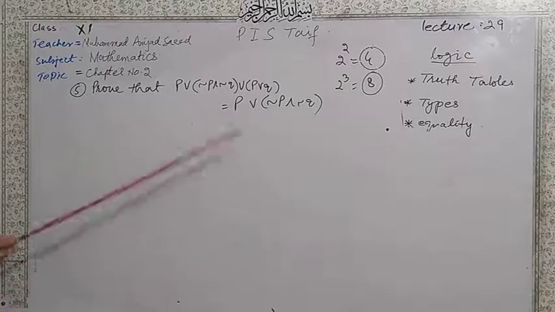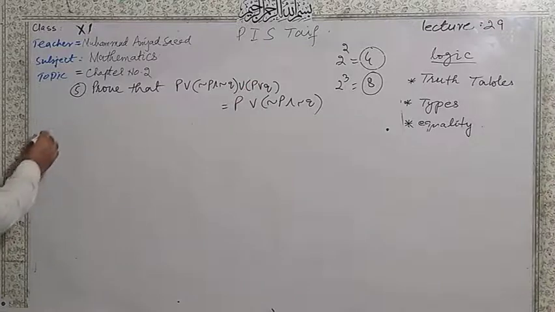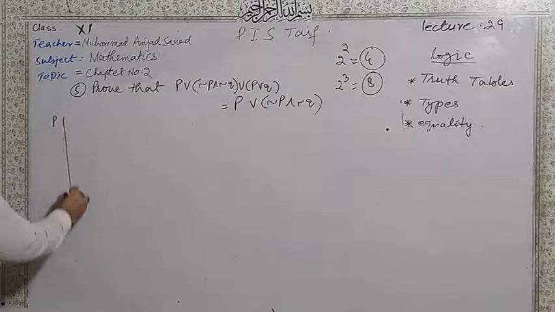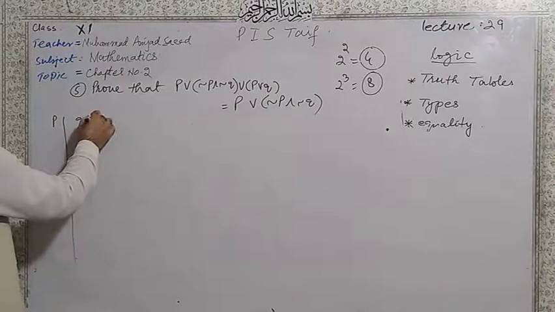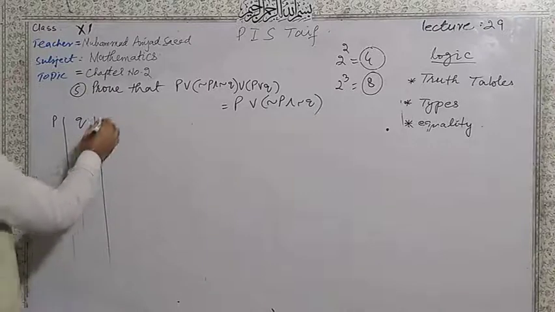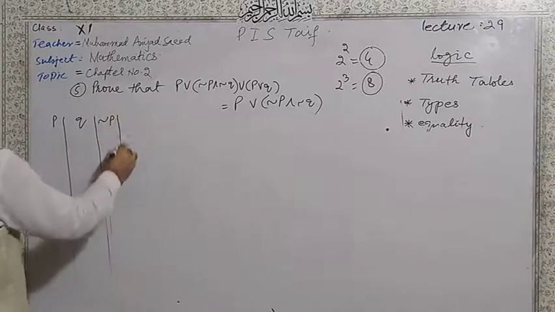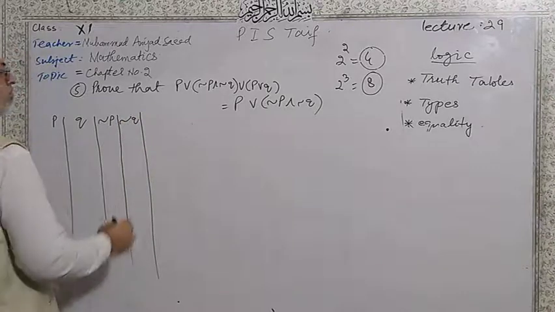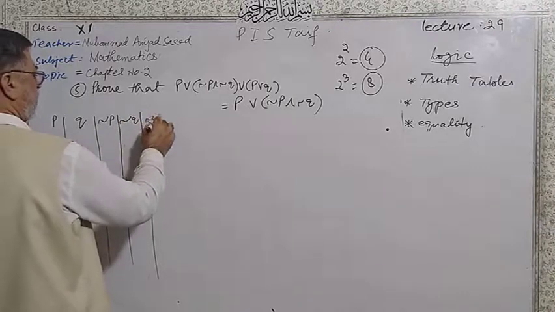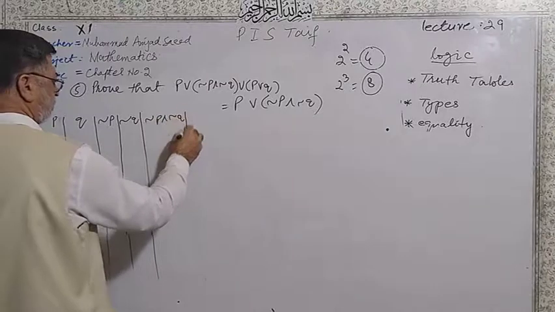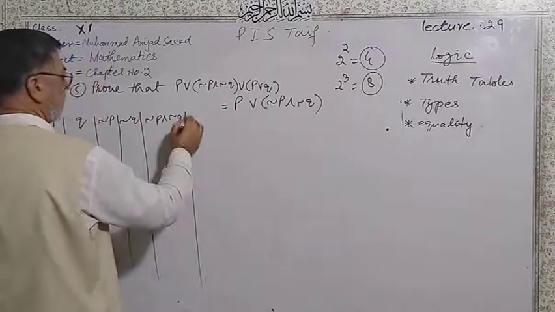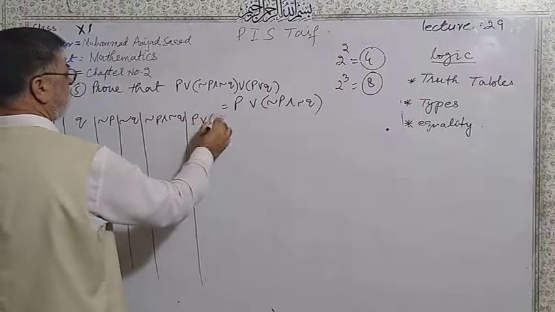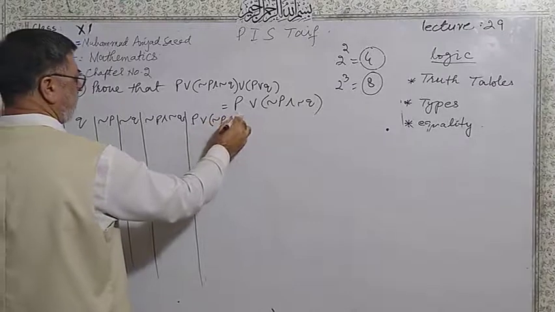Again, we have two possibilities, P and Q. Then not P, not Q, not P and not Q, then P or (not P and not Q).